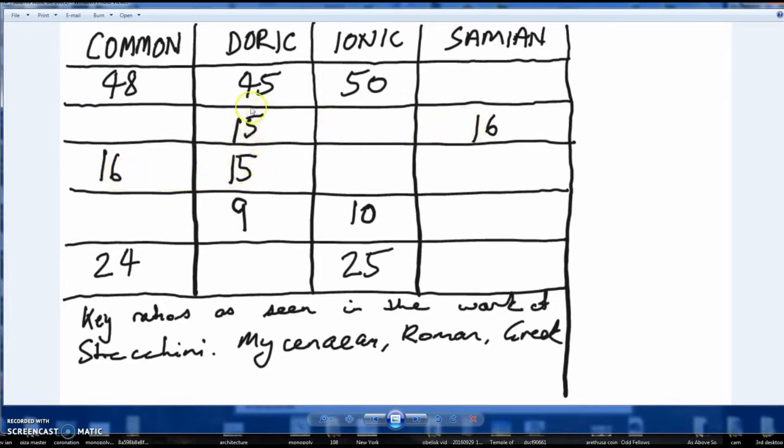And 15 Doric is 16 Ionic, 9 Doric equals 10 Ionic, or 24 common is 25. Now, these ratios are very important, and we'll get to those in a moment because they connect to so many other units.